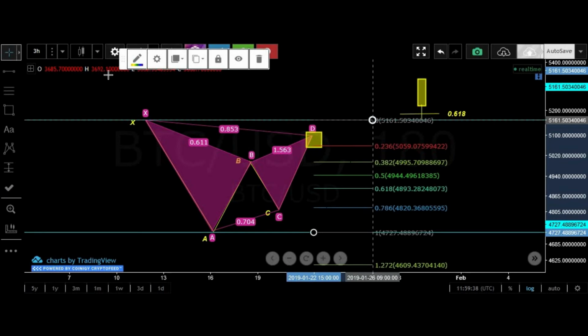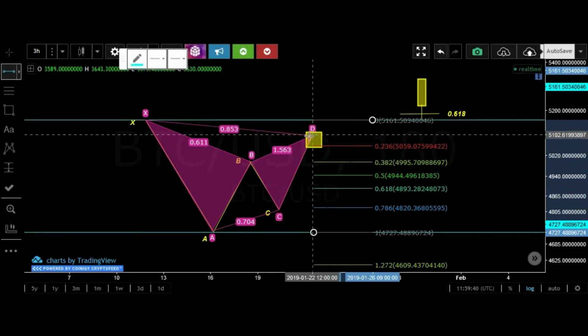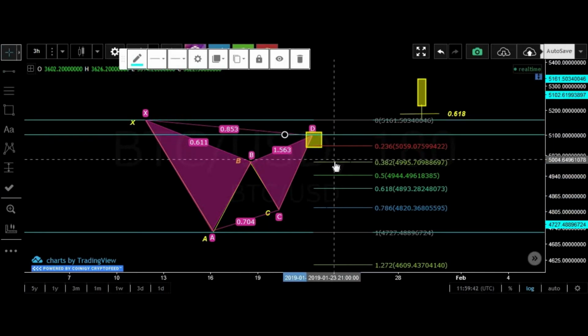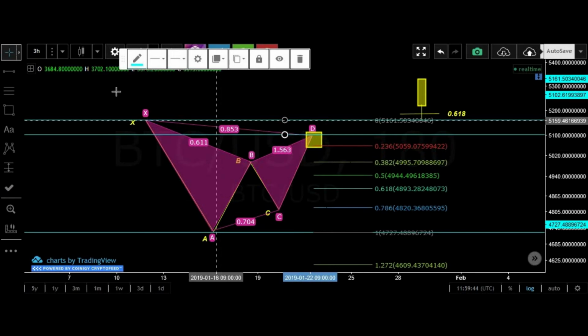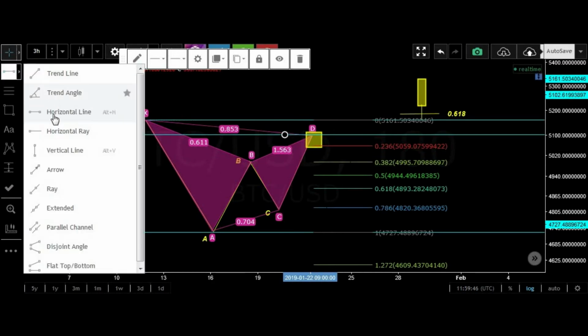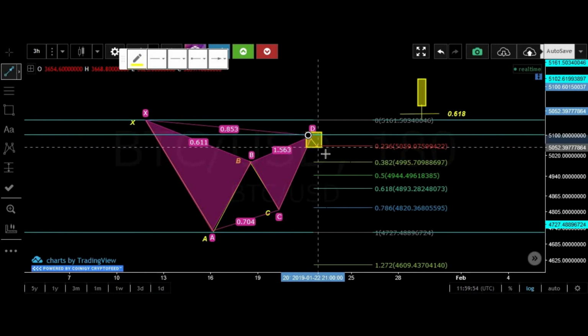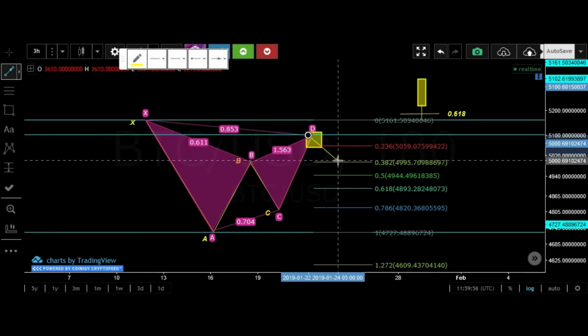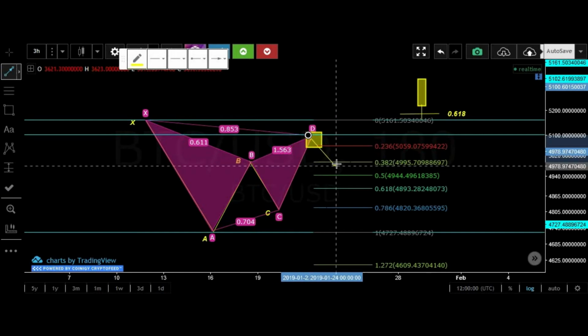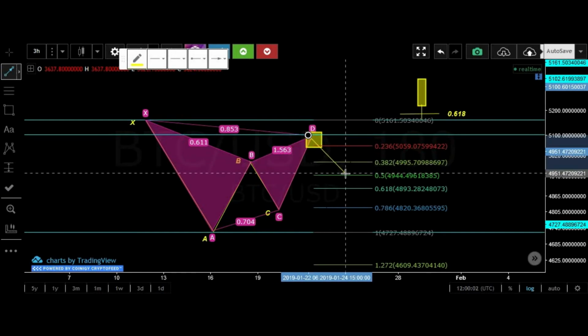So the first target we should be looking at is price retracing down from the D leg, testing the 0.386, which is the B leg, and most importantly the 0.5, which is half of the move to the upside.